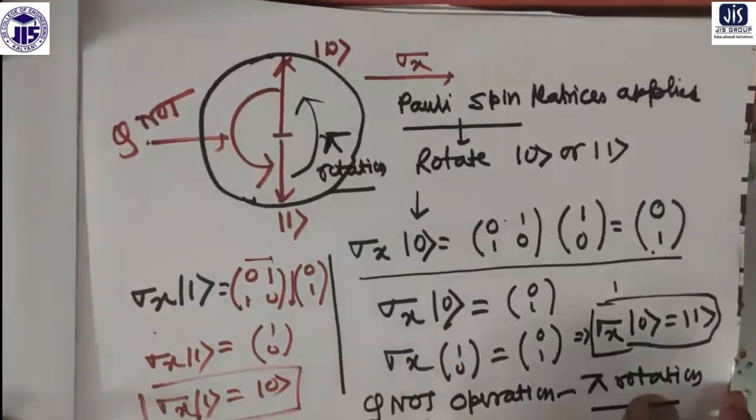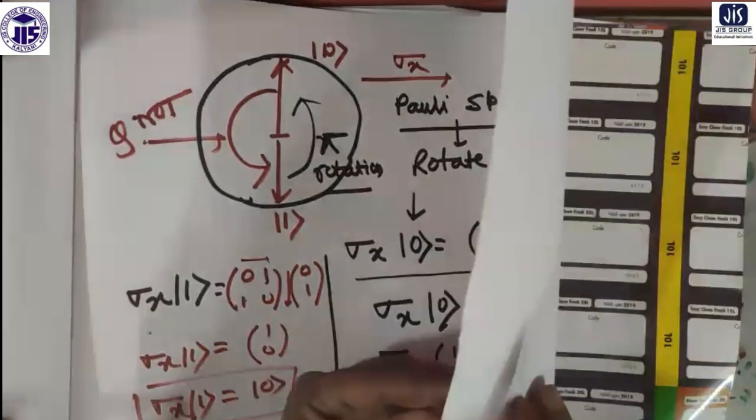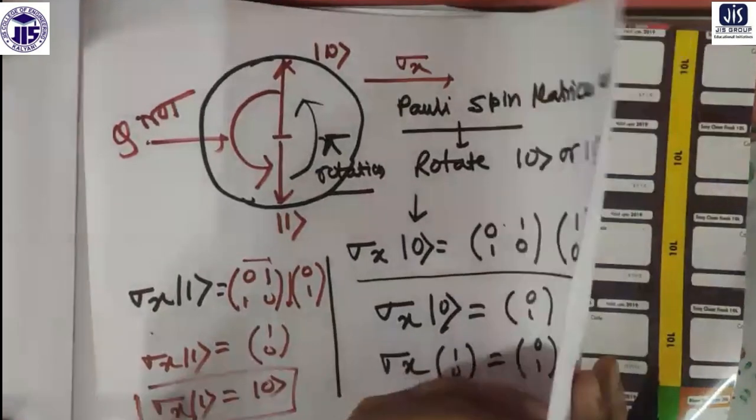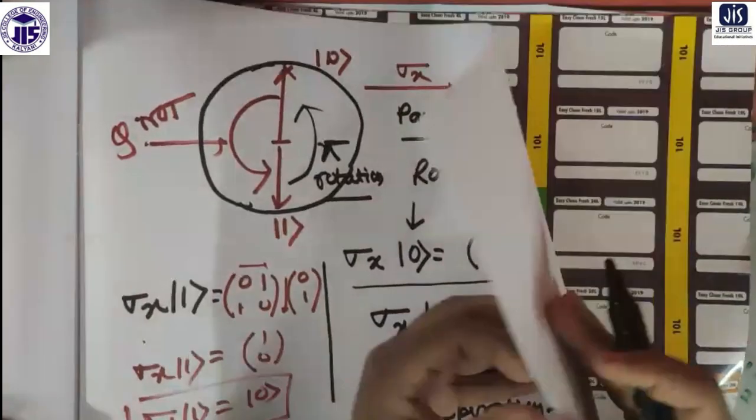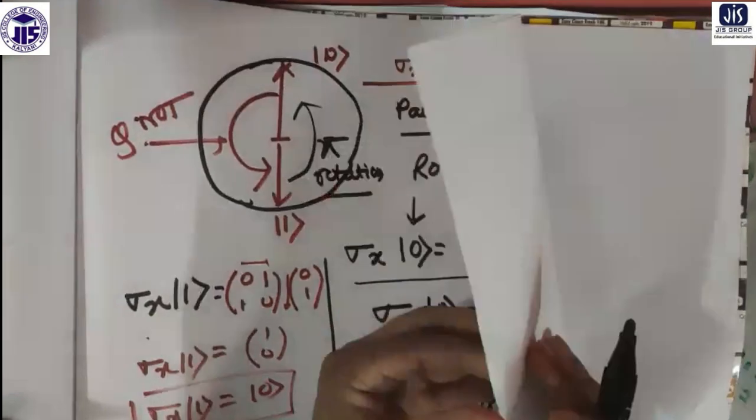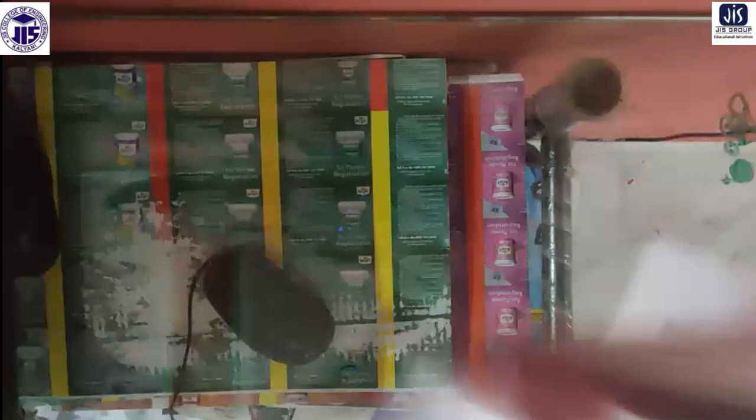So I have introduced the quantum NOT gate in front of you. Now the popular symbol for the quantum NOT operation is drawn this way. Obviously, you have to manipulate the electron spin.